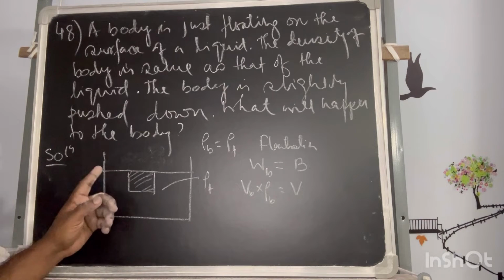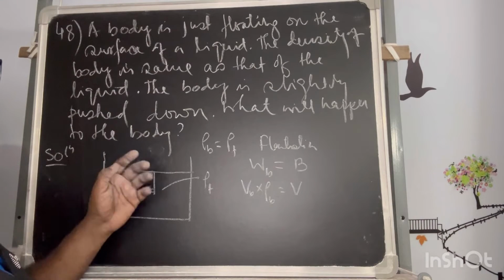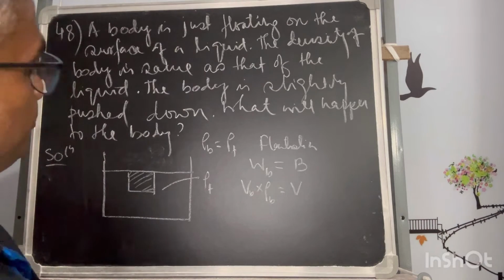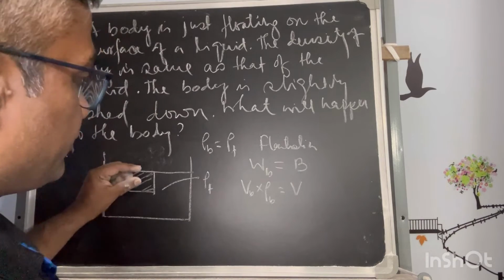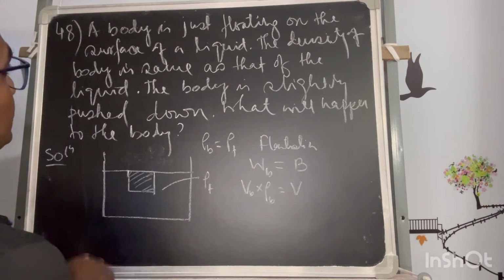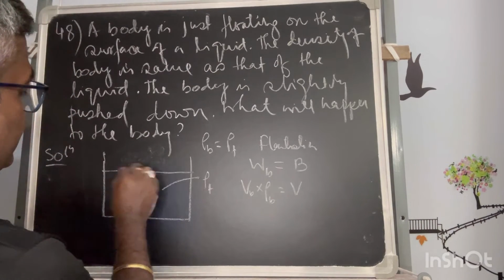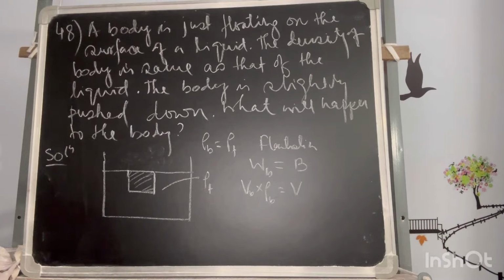Only the pressure will act, but pressure is not creating. So that body floating just on the surface is not practically happening. Some part of the body must be below the water. So if it is floating on the surface, that means it is just on the surface. It has to be understood like that.